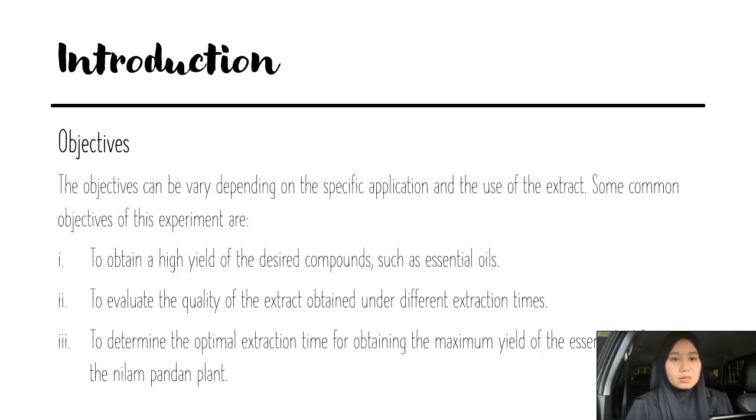nilam pandan plant. As for the objectives, they can be varied depending on the specific application and the use of the extract. So some common objectives of this experiment are: the first one, to obtain a high yield of the desired compounds such as essential oils; the second one is to evaluate the quality of the extract obtained under different extraction times; and the third one is to determine the optimal extraction time for obtaining the maximum yield of the essential oil from the nilam pandan plant.